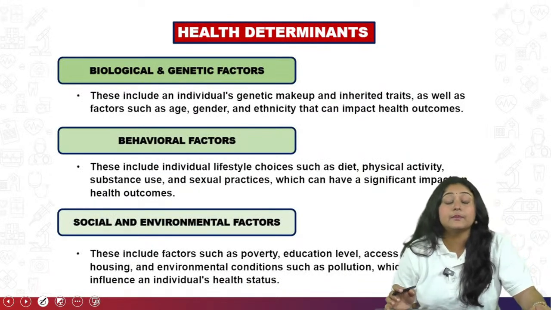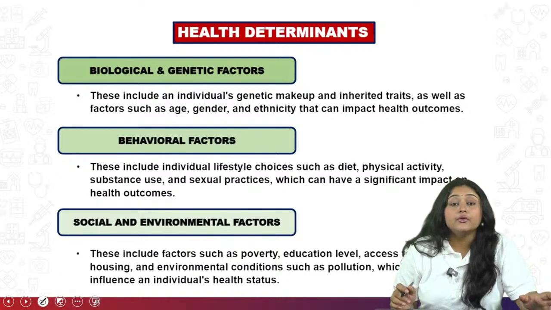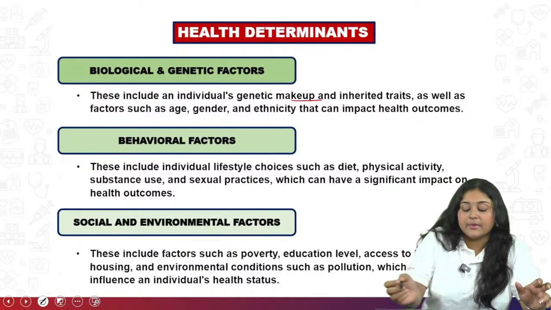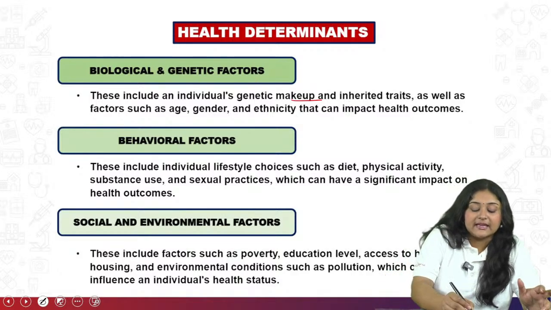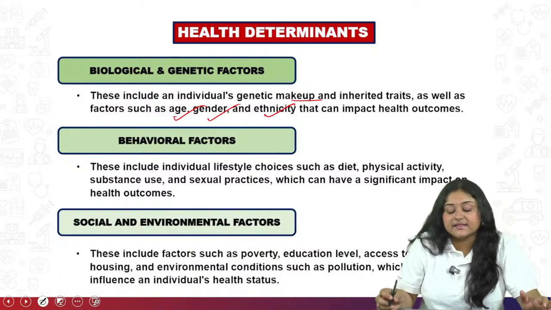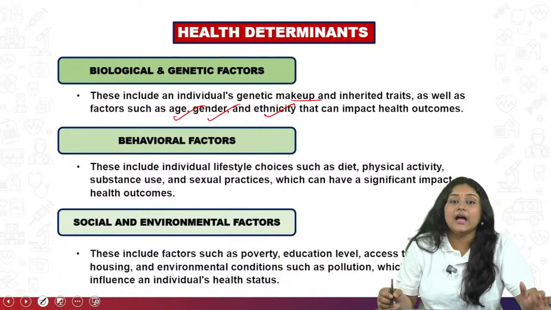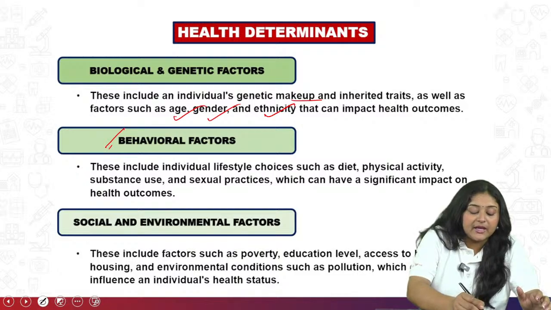So see, first is the biologic and genetic factors, which include the individual genetic makeup as well as inherited traits. Mainly factors like age, gender as well as ethnicity can impact health outcomes. Now come to the behavioral factors.